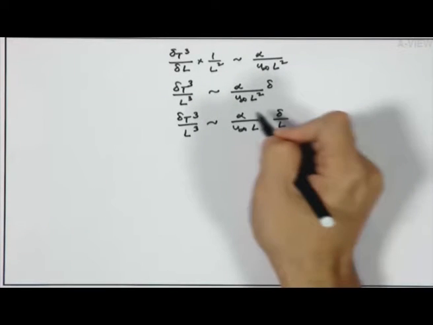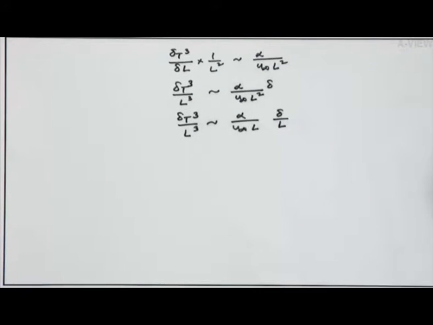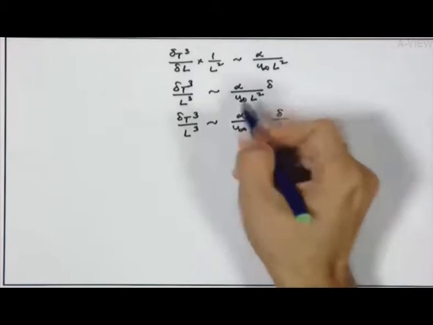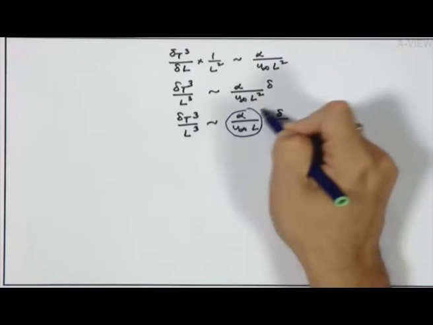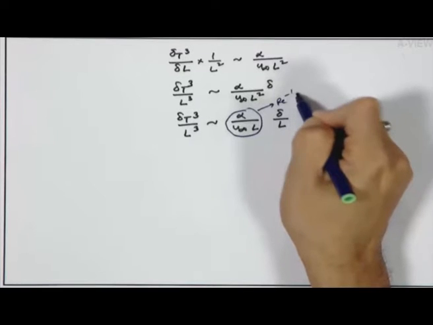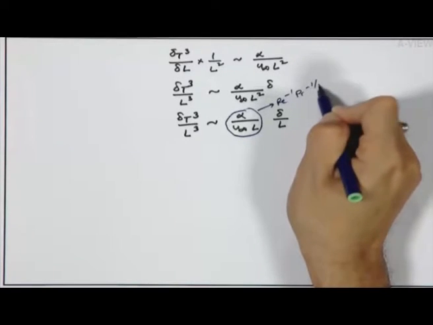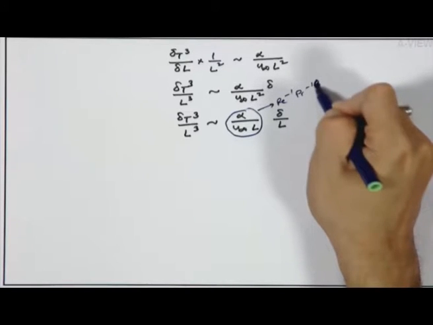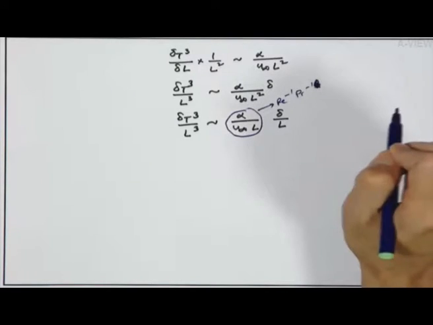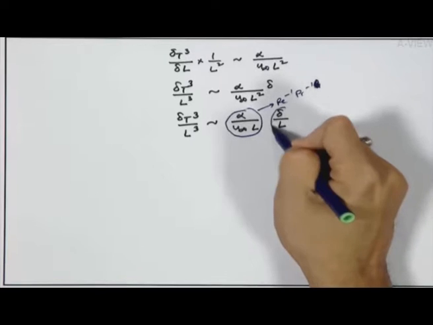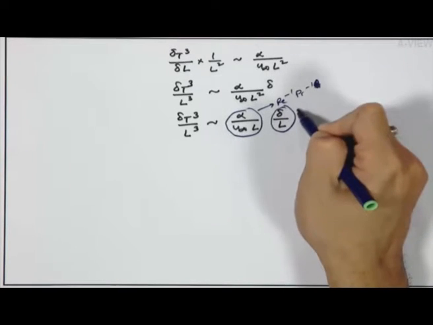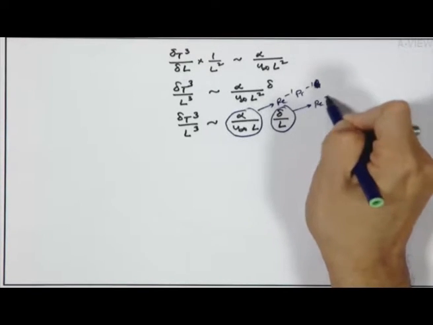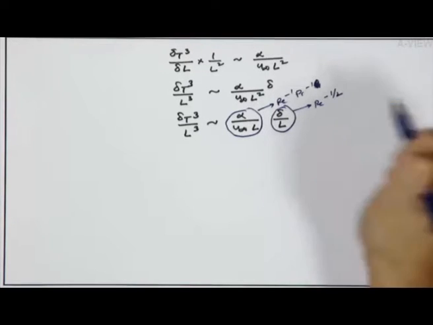So, alpha by U infinity L is what? This is Reynolds number to the power minus 1 into Prandtl number to the power minus 1. And delta by L is Reynolds number to the power minus half. This we did from hydrodynamic boundary layer analysis.